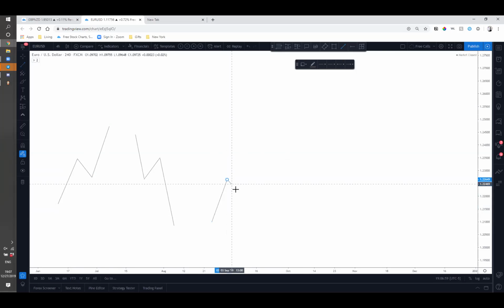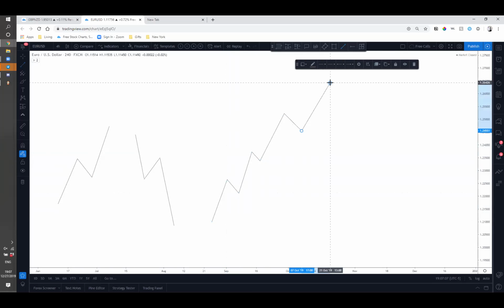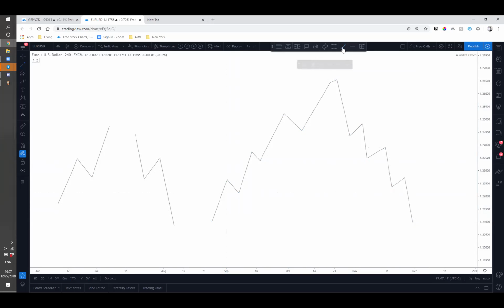So basically, what a good trend is, it's going to be a series of impulses and corrections. Okay, perfect. So an uptrend is just going to have a series of impulses and corrections, just like this.